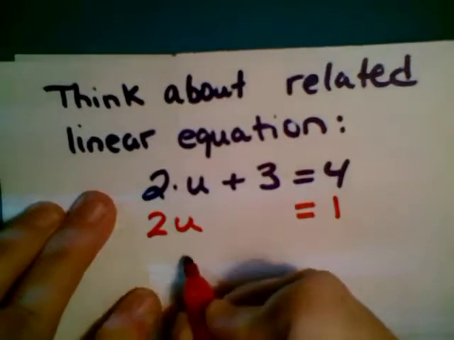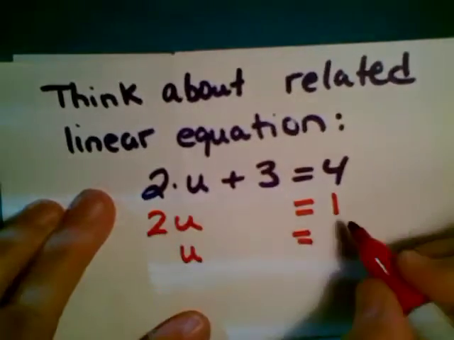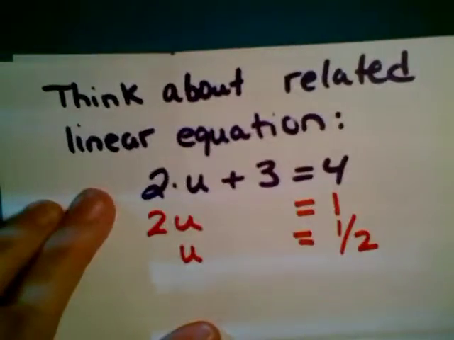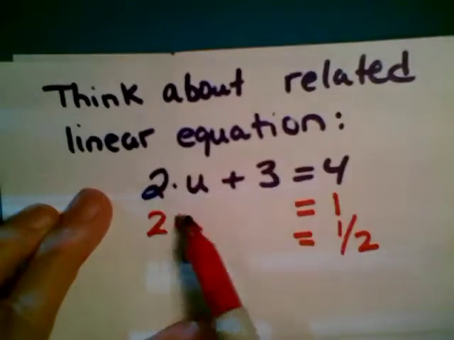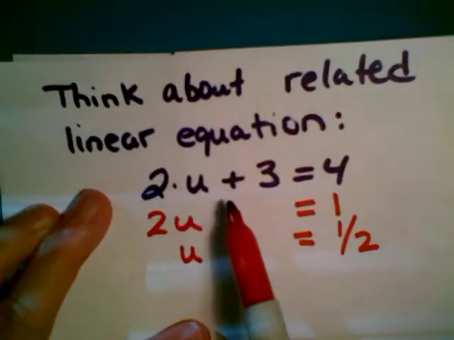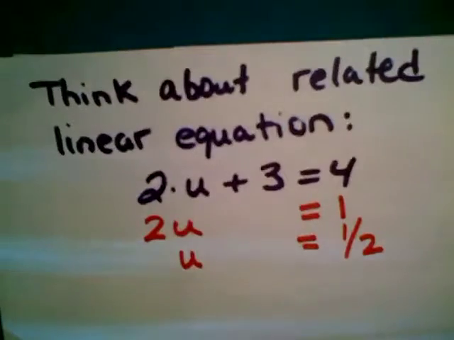And then to get u by itself, we do the opposite of multiplying by 2, and we divide both sides by 2 and record the result. So a lot of our trig functions will simplify down to first solving some linear equation and then solving for the unknown theta.